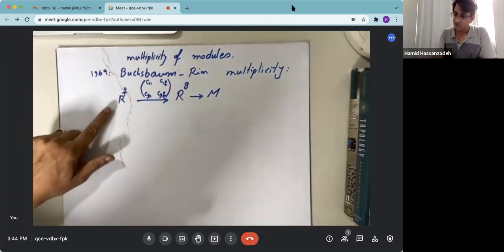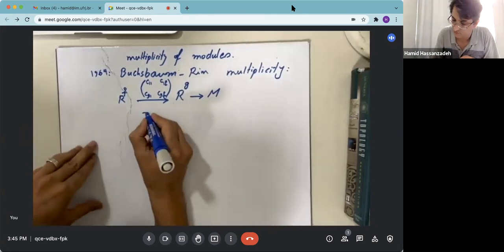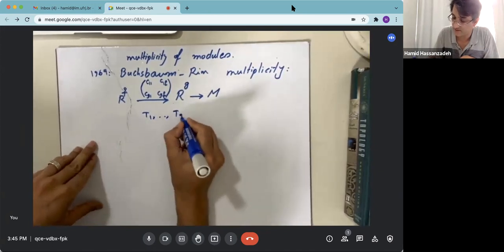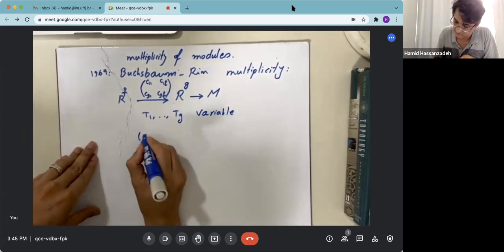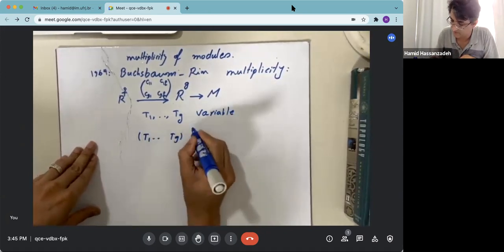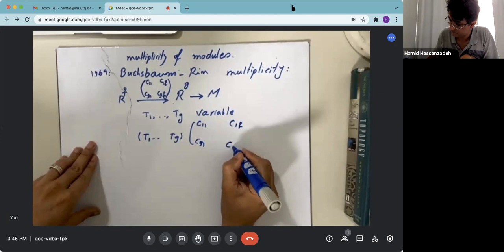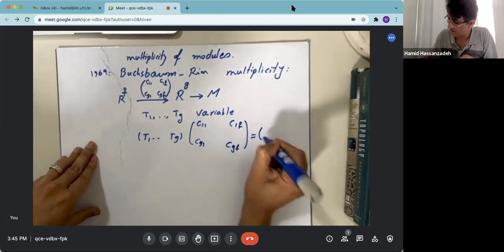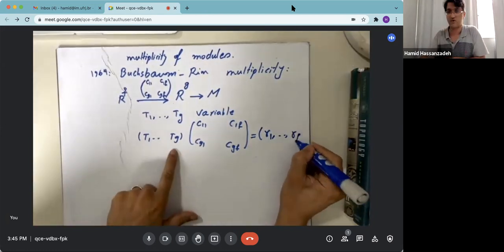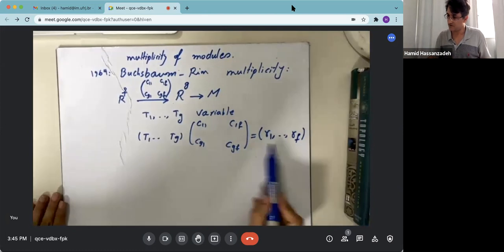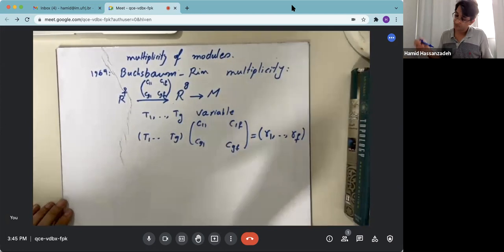Then you look at the symmetric algebra of M. For that, you choose new variables T1, ..., Tg, and then you multiply this matrix into these variables. Then you have f linear forms in the variables T. These generate the ideal of definition of the symmetric algebra of M, right?